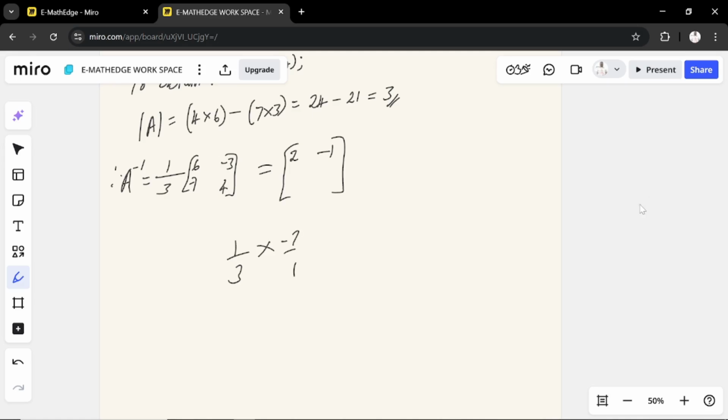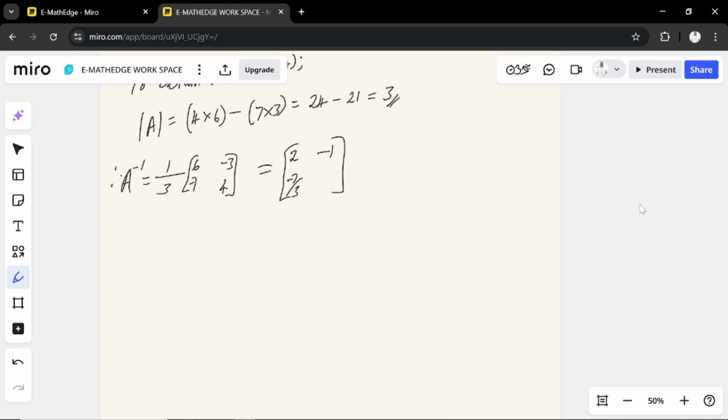So we take it to be -7 all over 1. So 1 multiplied by -7 is going to give us -7 all over 3 multiplied by 1 is going to give us 3. So the value we have for this element in the second row, first column is -7 all over 3, right?